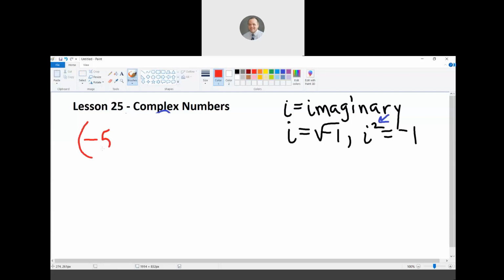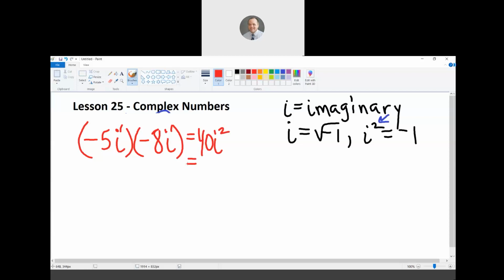We have negative 5i times negative 8i. Each i is understood to be to the first power. Because we have a product, we use the product rule by adding the exponents. So this gives us 40 i squared.